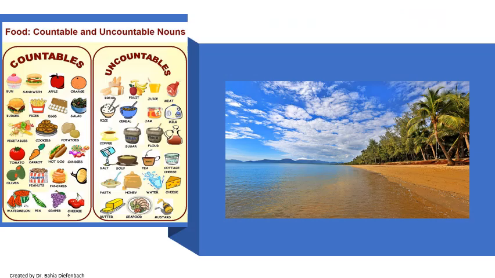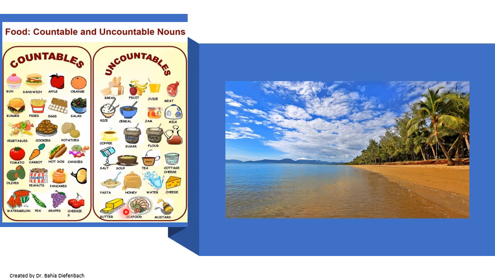Now, I would like you to look at these pictures. If you see, they contain countable and uncountable nouns. What do I mean by that? Here are some examples of food. Countable food: carrots, tomato, I can count how many; cherries, peas.